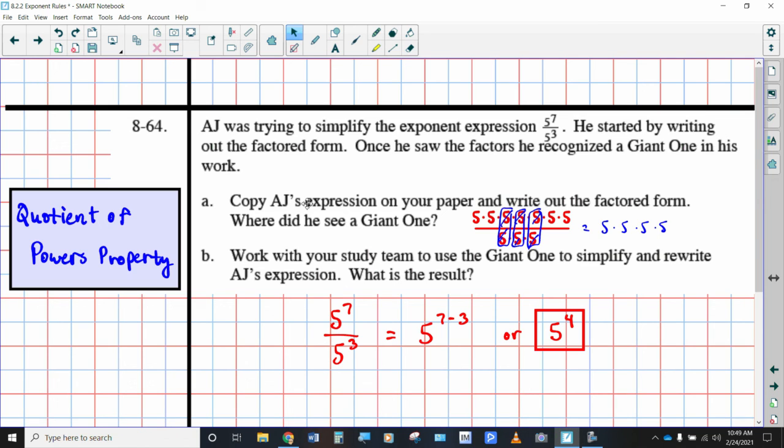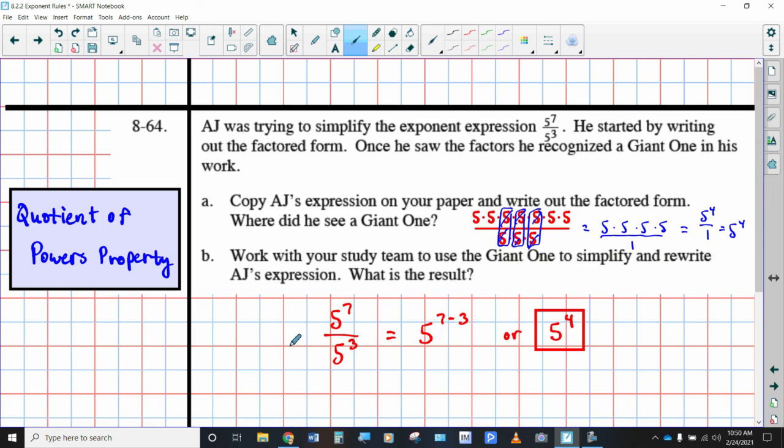Okay, so the more times you expand this, the more it'll make sense that you just do a subtraction. 5 3 times in the bottom cancels out 5 3 times multiplied in the numerator, leaving you with 4 in the numerator. And technically, I guess this really looks like that, which becomes 5 to the 4th over 1, which is the same as 5 to the 4th because you don't need a 1 in your denominator.